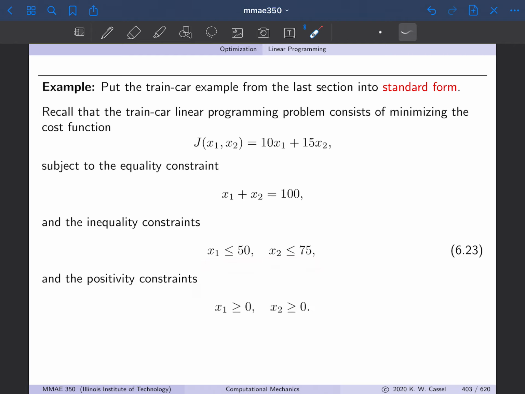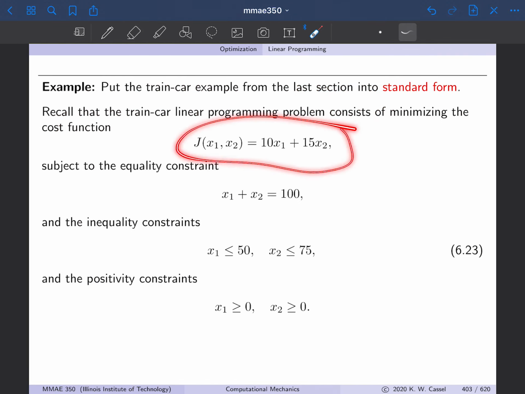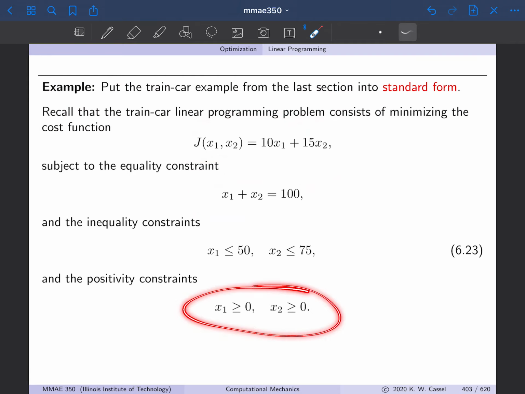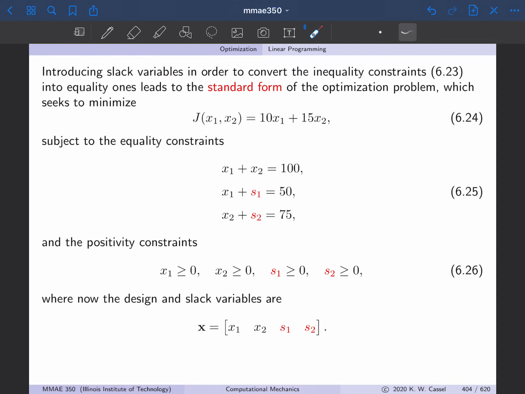And then the positivity constraints that said that each train had to pull some non-negative number of cars. Okay, so clearly everything's fine here with the cost function, the equality constraint, and the positivity constraints. We have to use our slack variables to take care of the two inequality constraints.